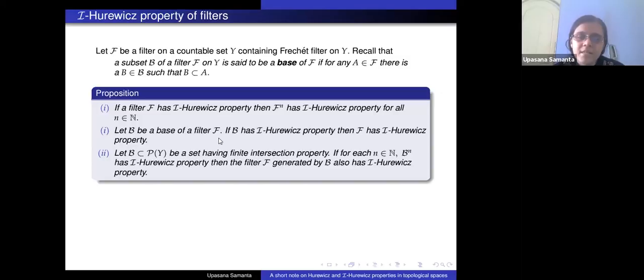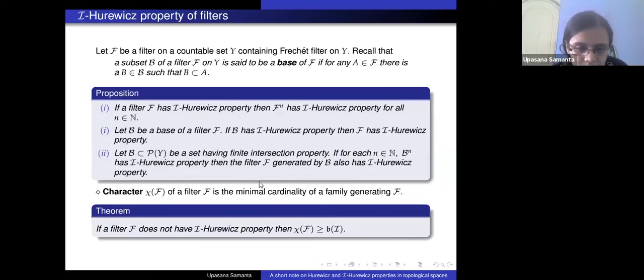And if a base of a filter has I-Hurewicz, then the filter has I-Hurewicz. The character of a filter is the minimal cardinality of a family generating the filter. And we find if a filter F does not have I-Hurewicz property, then its character must be greater or equal to this specific cardinality.